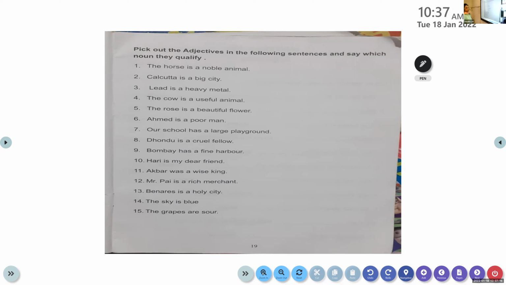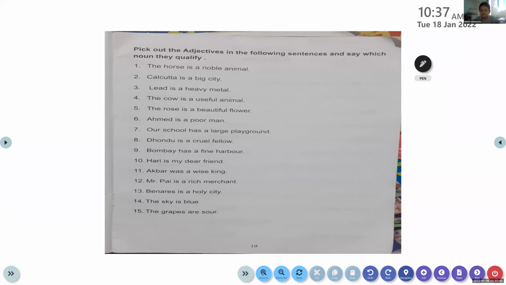It's clear to all of you? Have all of you understood? Okay, now the first exercise is on how to identify an adjective in a sentence. I wanted all of you to be ready with page number 19, just to make sure that you have completed. Just keep your workbook on the table.